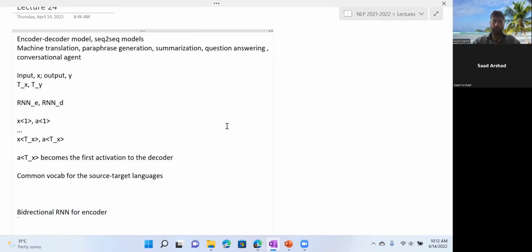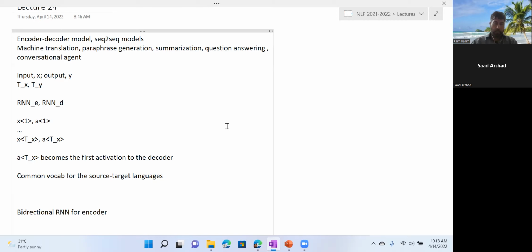If you have a bidirectional encoder, then you have two activations, one from the left to right encoder, the other from the right to left encoder, and then you can concatenate both of them, and that becomes the context for the decoder. So information from both the end of the source and the start of the source would be easily available to the decoder.